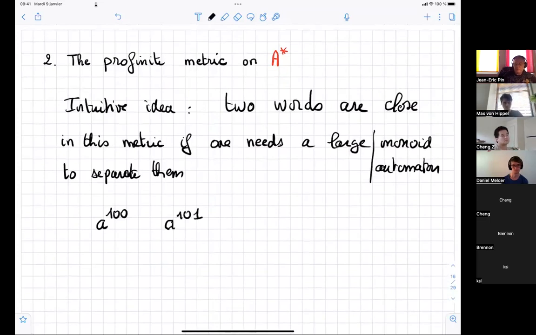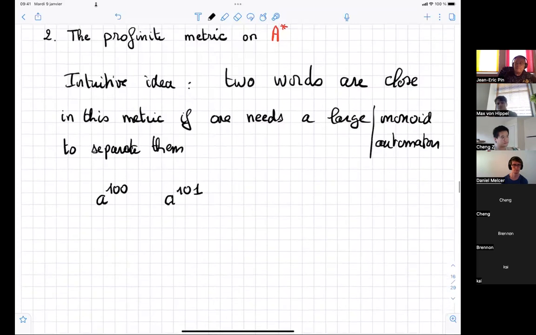Okay. So I'm looking for an automaton which accepts one, but rejects the other one. So as you can see, what would be, in your opinion, the smallest automaton or monoid which separates them?